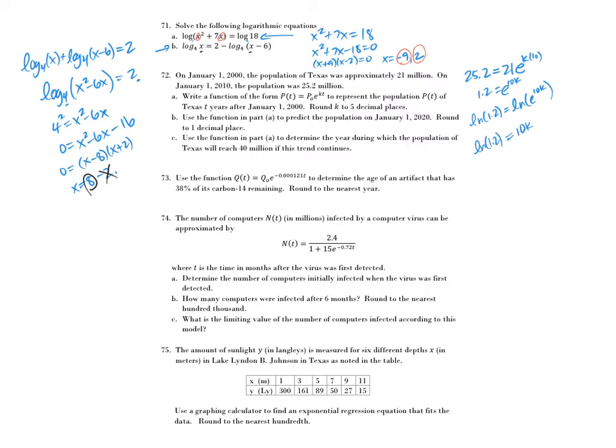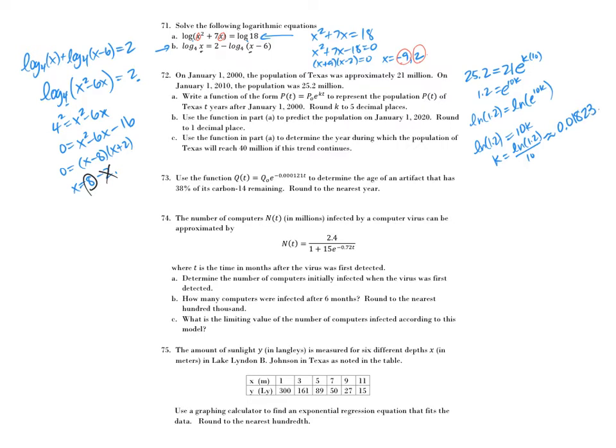And then I can divide by 10. So k equals natural log of 1.2 divided by 10, which is approximately, how many decimal places? 5. So 0.01823. Okay, so there's my k.